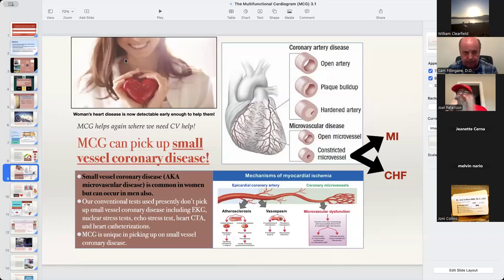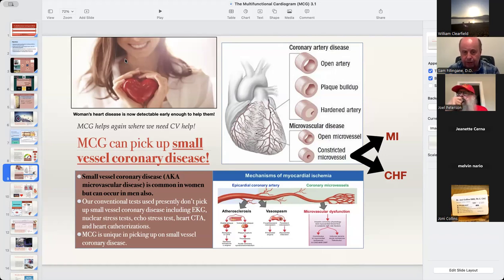Now, small vessel disease, a study back in 2007 published in Circulation showed that 49% of women had small vessel disease, 15% of men had small vessel disease. I reviewed the data several weeks ago, found out that newer studies are showing up to 60 and 70% of women have small vessel disease before they develop large vessel disease.